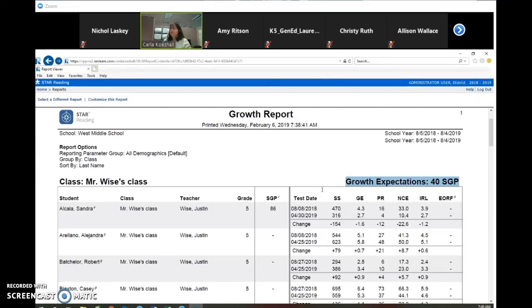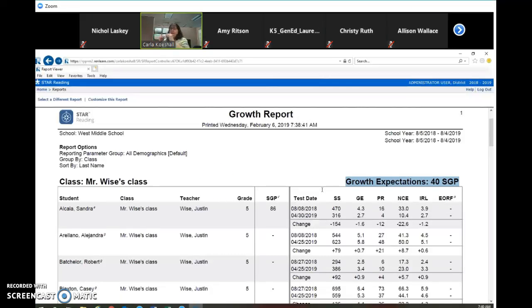Percentile rank, normed reference score comparing them to other kids in the same grade across the country. NCE, basically the same as percentile rank. IRL, instructional reading level. I noticed some of you said you haven't had any training. Just a real quick review of those.